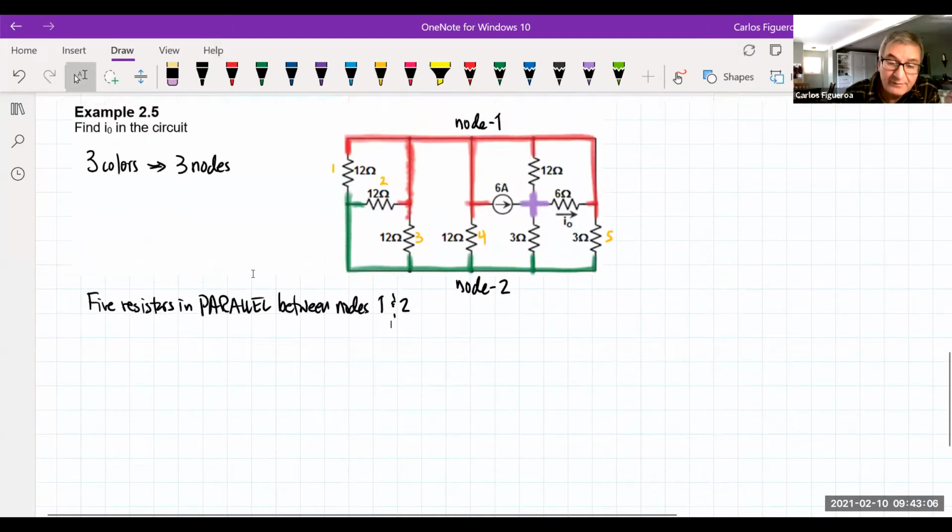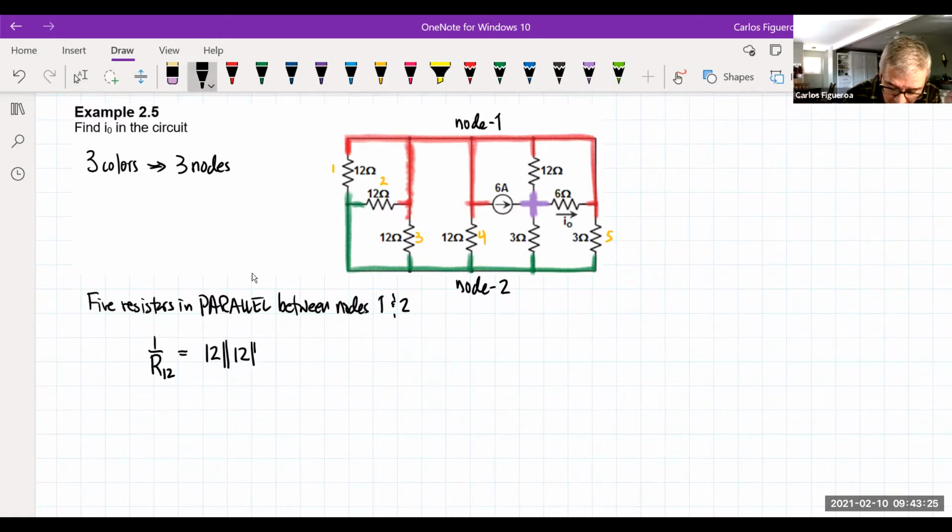So that means I'm going to look at the parallel resistance between nodes 1 and 2. What does that mean? It really means this here. I have 12 parallel to 12, parallel to 12, parallel to 12, parallel to 3.